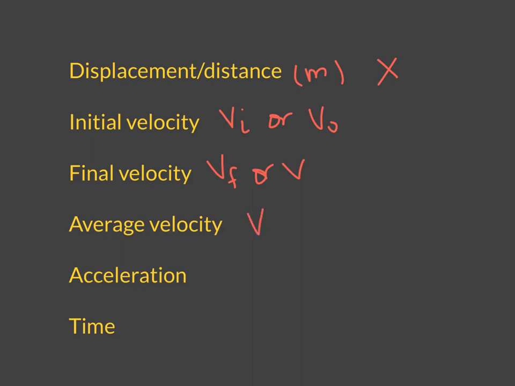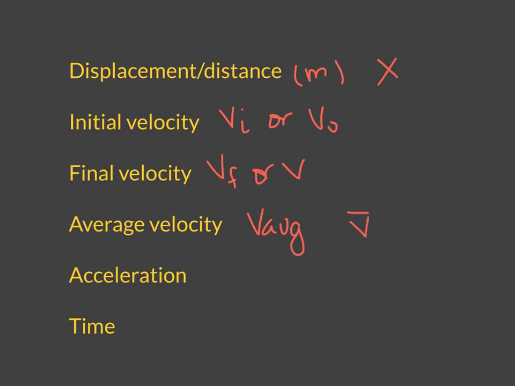Your average velocity is your average over the time frame. So like when you're driving from home to school, you're not doing 65 the whole time or 45 the whole time. You know, you're going fast sometimes, you're going slow sometimes, and so all of that averages out. So you can see it as v av.